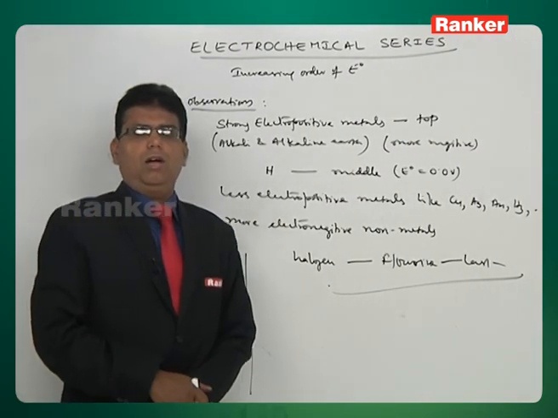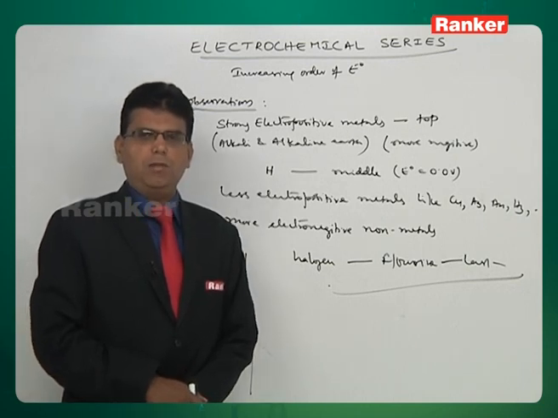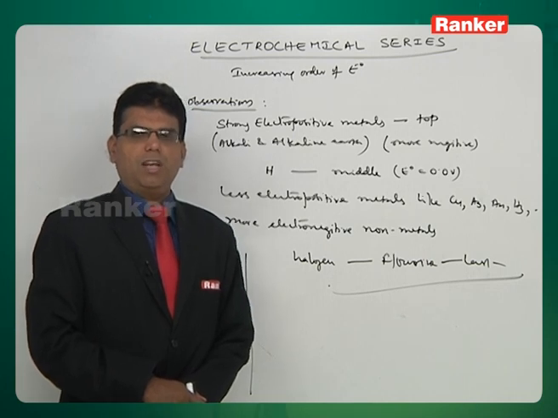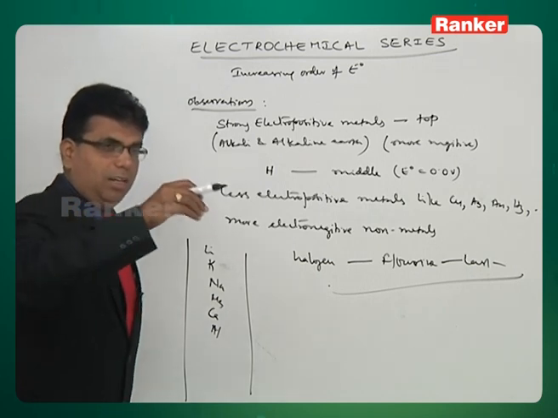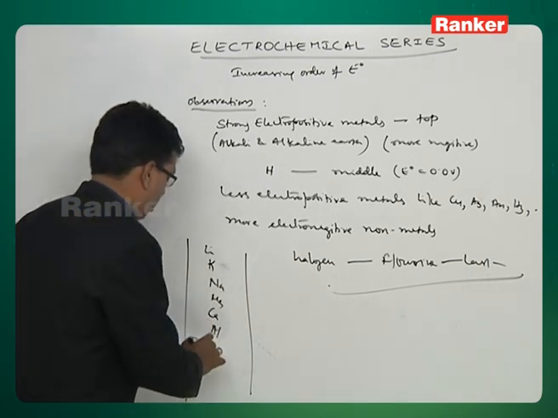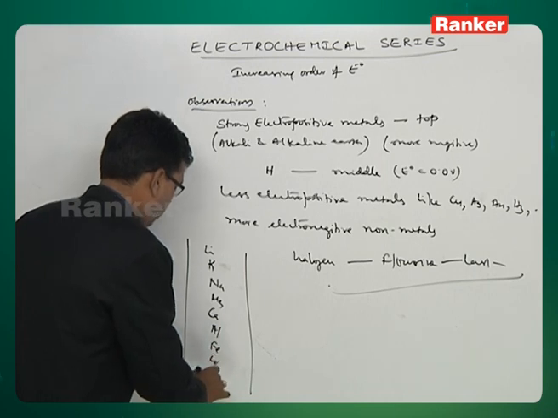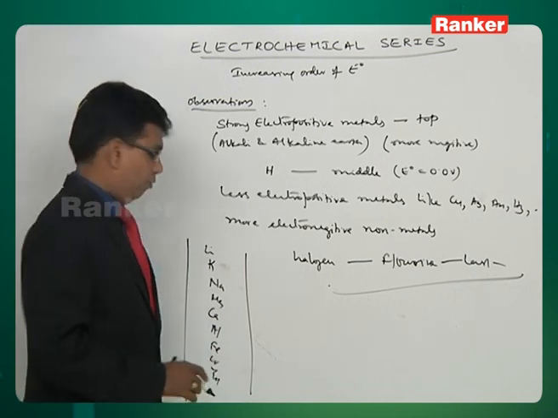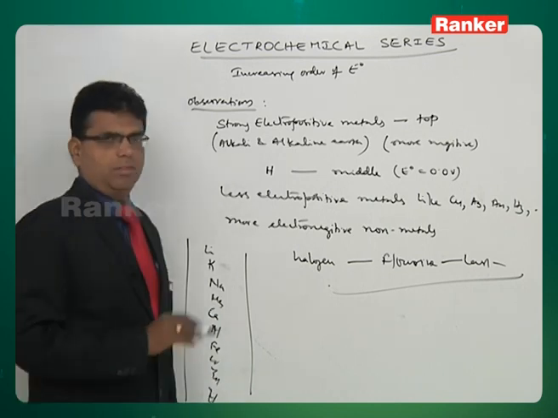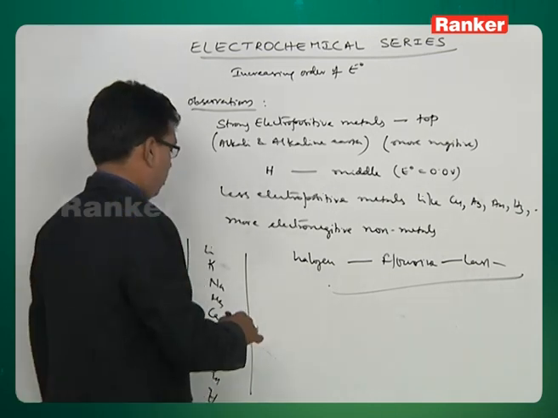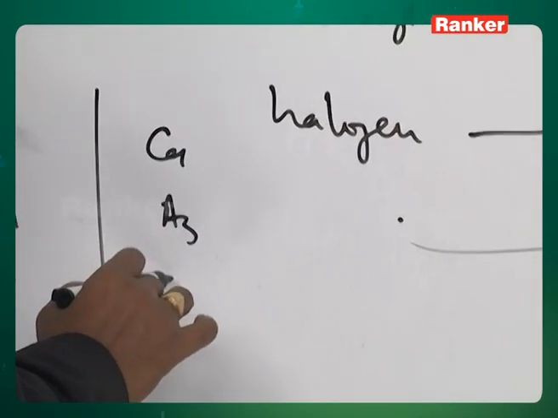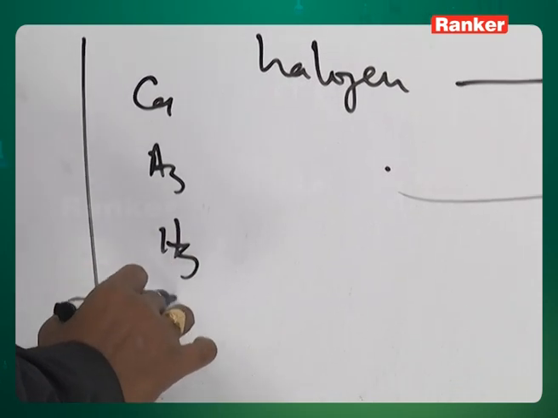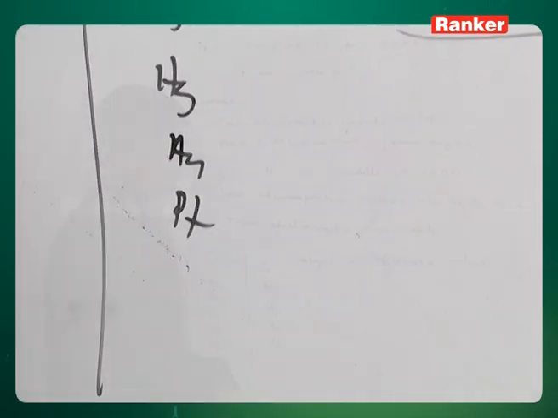So, highly electropositive alkali metals, followed by few alkaline earth metals, followed by a third group metal like aluminum, followed by more electropositive metals in the d block, that is iron, chromium, zinc, followed by hydrogen in the middle, then next copper, silver, mercury, gold, platinum.